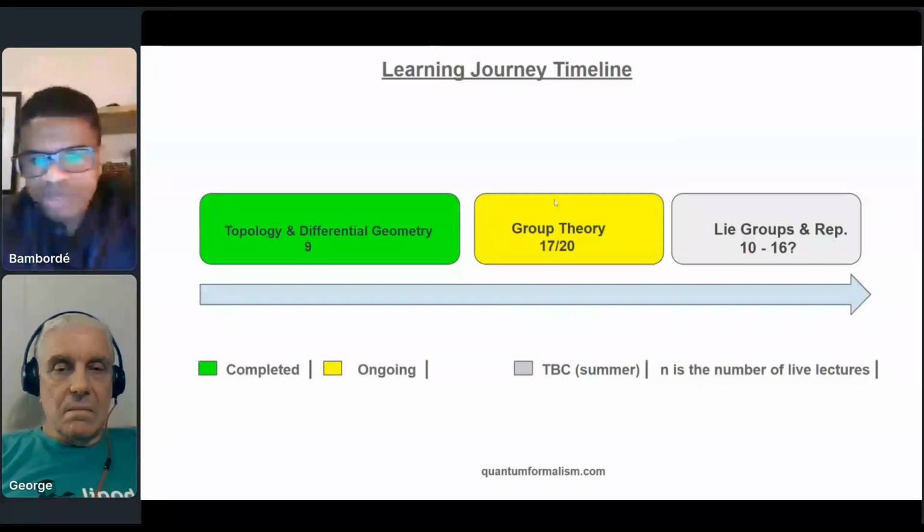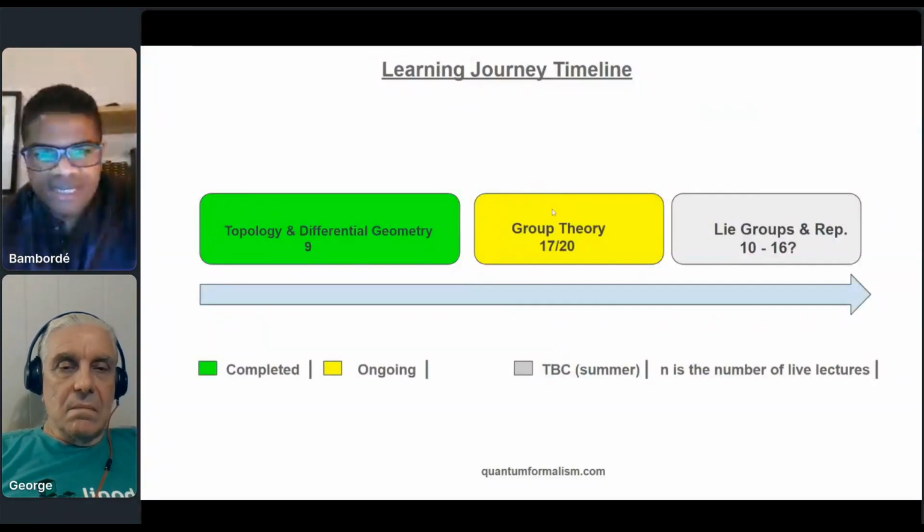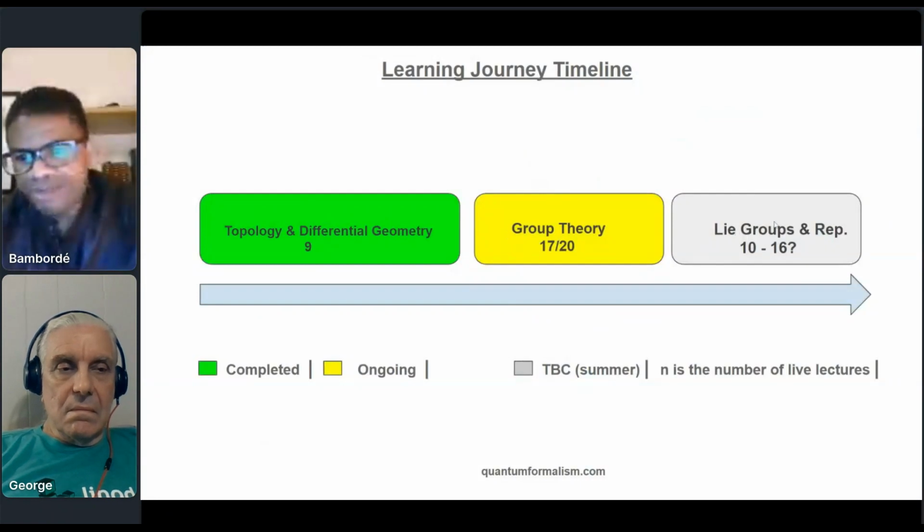So the end goal will be to have you with the necessary concepts to get into Lie groups and representation theory. And before that, obviously, we had the topology and differential geometry. You will need this in order to take the Lie groups material, because Lie groups are topological manifolds, smooth manifolds.